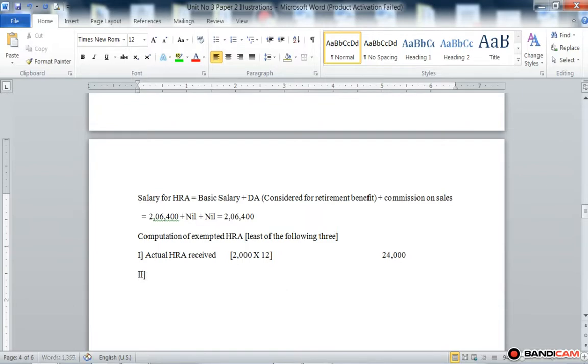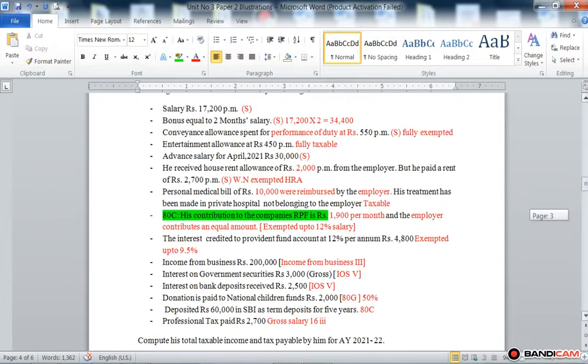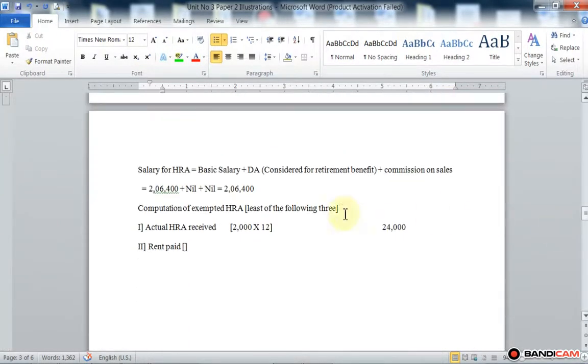Then second, rent paid. The employee paid a rent of rupees 2,700 per month. So 2,700 multiplied by 12 is equal to 32,400, less 10% of salary.